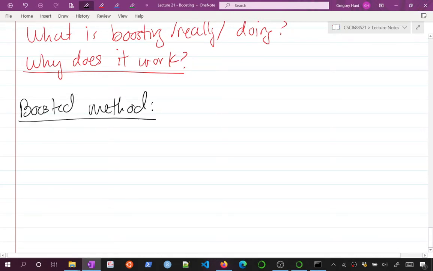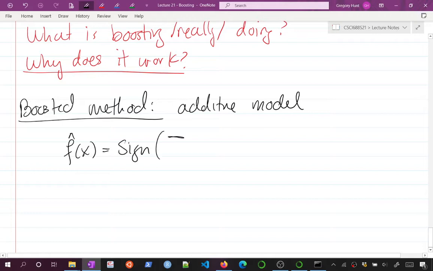can be thought of as an additive model or an additive method where f hat of x is the sign of the sum, basically the weighted vote, the sign of the sum of the fb hats. Maybe I could call this thing in here h of x.